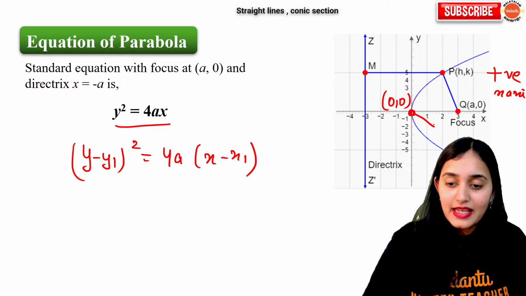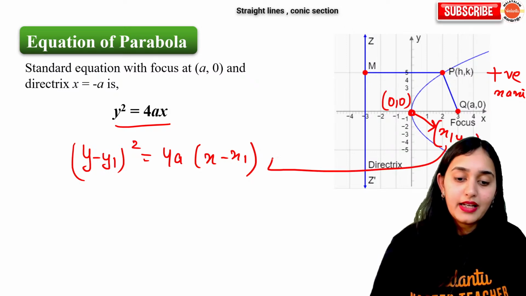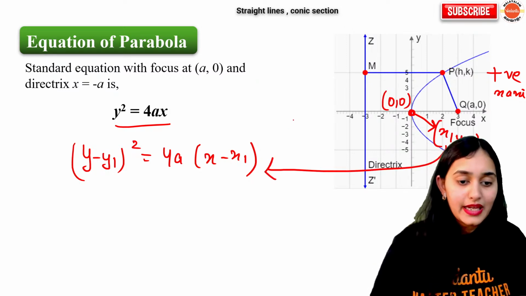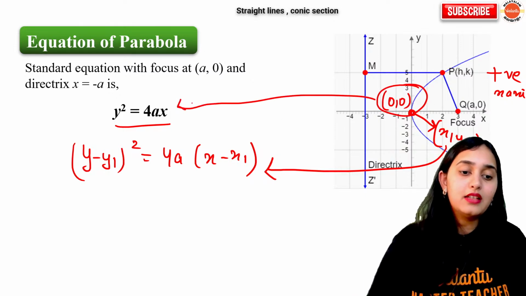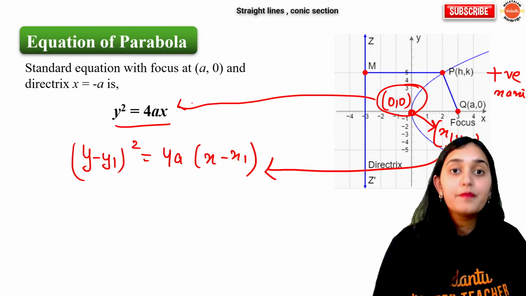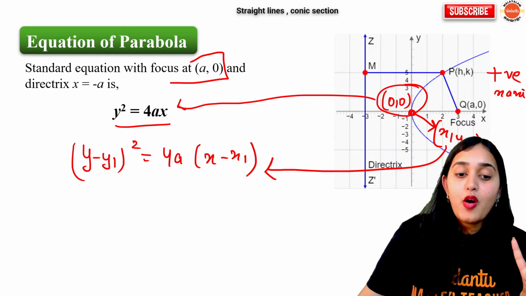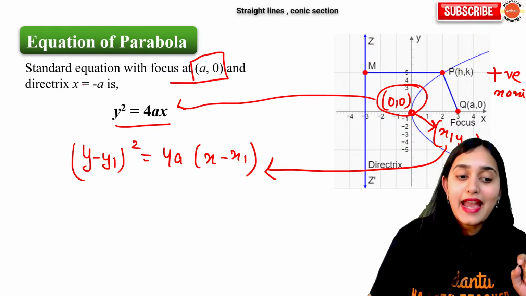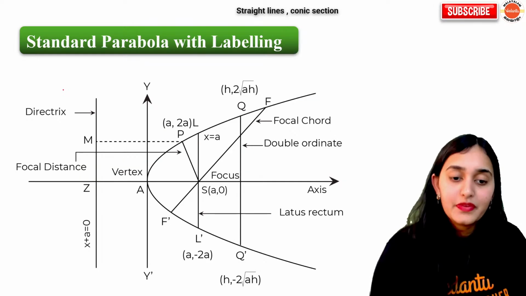So if the vertex is x1, y1, then the equation will become this. Now if the vertex is 0, 0, then the equation will be this. Remember. Now, two important things. Focus is the point a, 0. Directrix is the line x is equal to minus a.